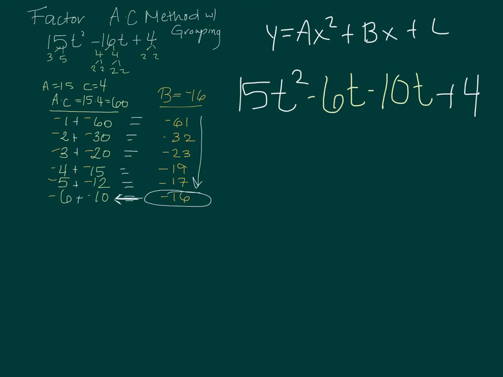And a grouping symbol is parentheses. So in parentheses, I'm going to color code this a little bit. I'm going to put 15t squared minus 6t.